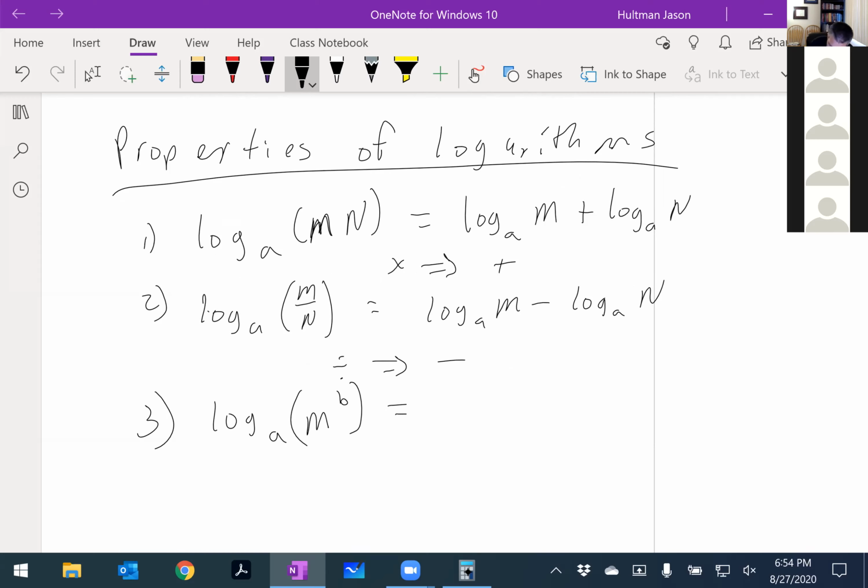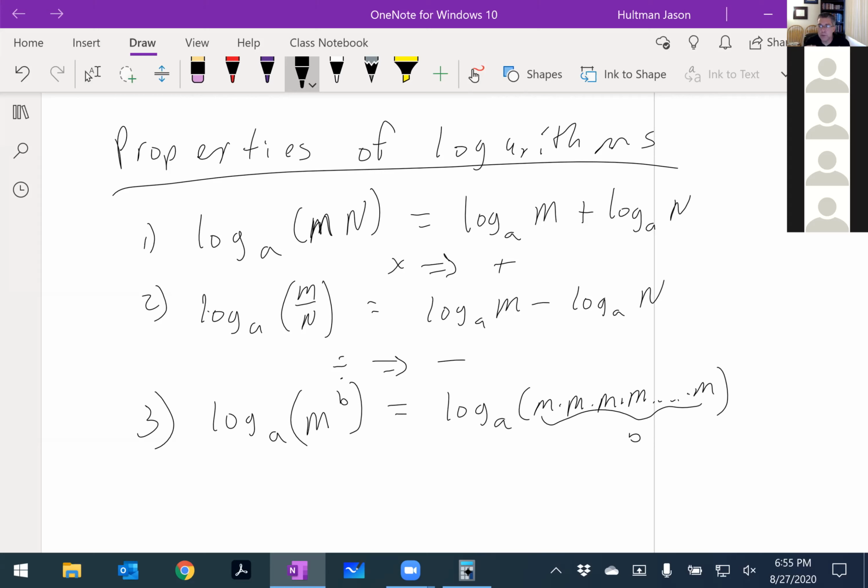So isn't this just the log base a of m times m times m, b times? Does that make sense? Isn't that just b m's? So that's just multiplying m b times.